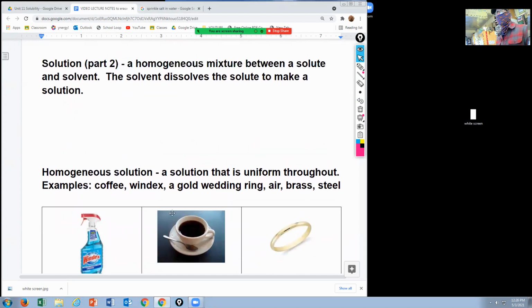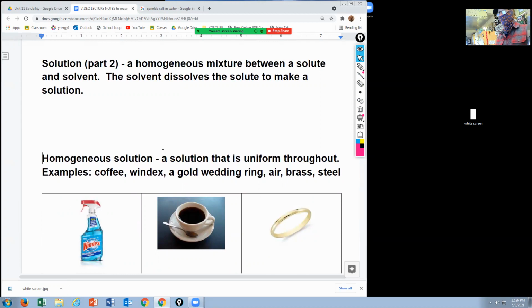So let's talk about this word homogeneous. All right, so the word homogeneous means the same throughout. So what does the same throughout or uniform throughout mean?